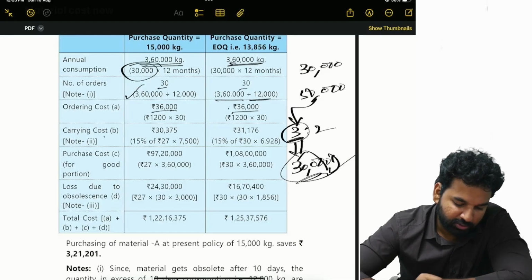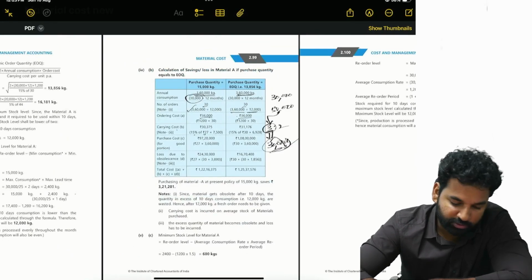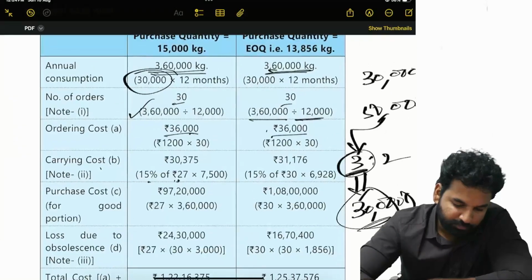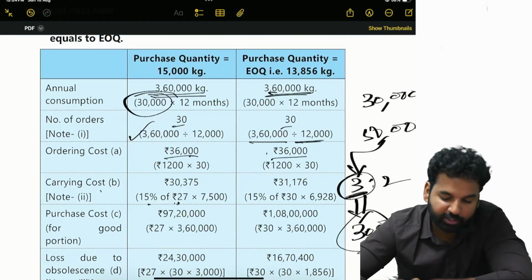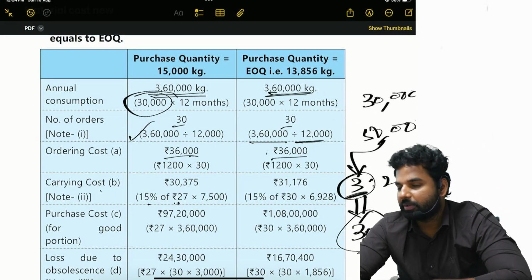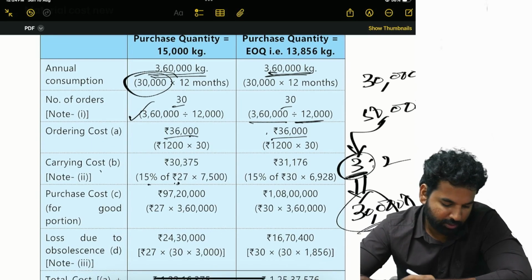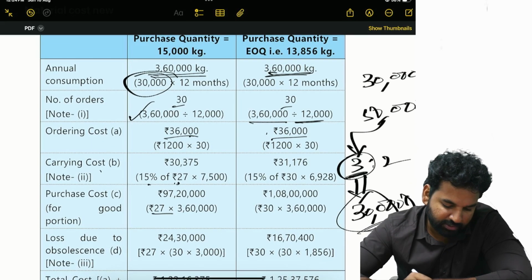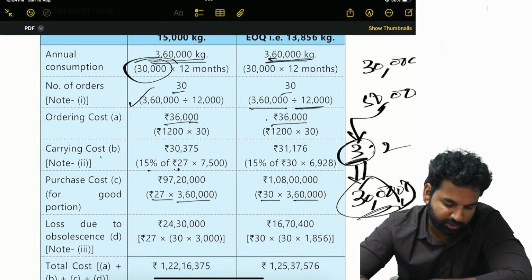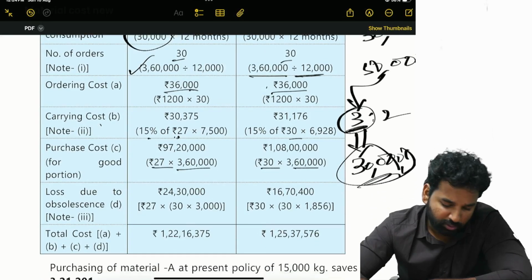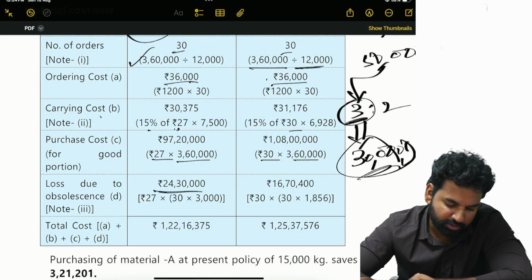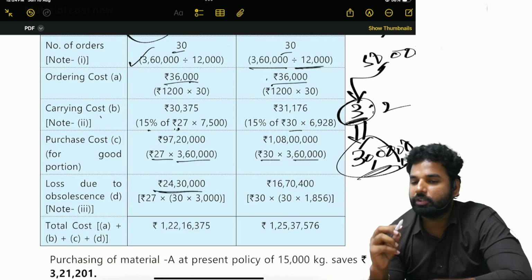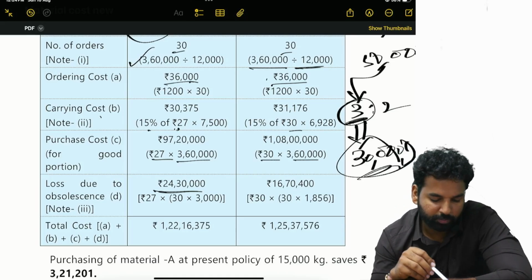Carrying cost you see, 15% of 27 for 15,000 case. Here 15% of 30. Purchase cost, 27 into 3,60,000, 30 into 3,60,000. Is this okay? Next, loss due to obsolescence. Obsolescence means perishable. How many units will be perished?